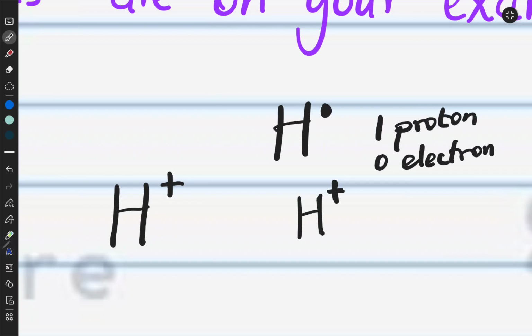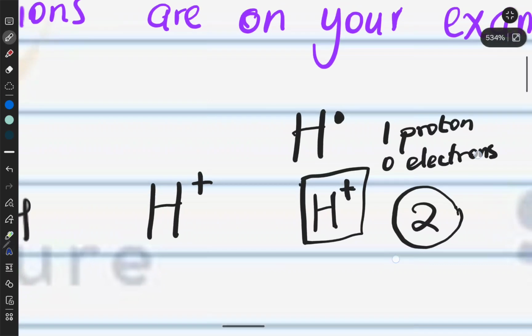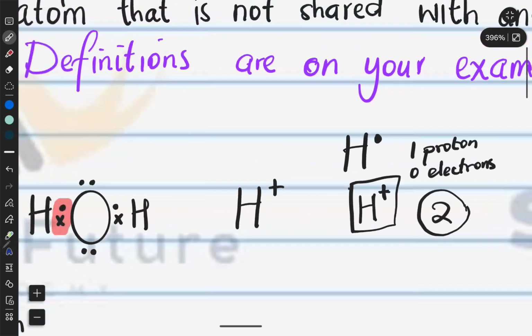So now it becomes H plus. Remember, it however needs 2 electrons for its outer shell to be filled. So we bring those 2 electrons. That's what happens in a dative covalent bond.